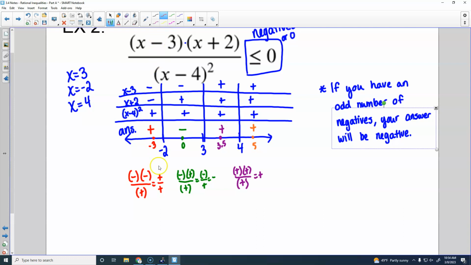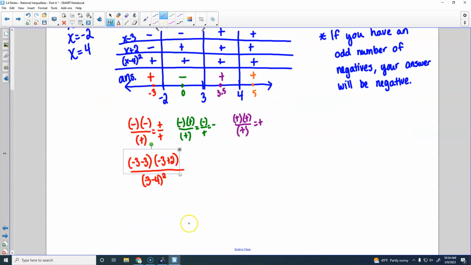then I could just pick a number, like I picked -3 right here, and I could plug it in. I could have -3 minus 3 times -3 plus 2 over -3 minus 4 squared. And I could work it out. I'll get -6 times -1 over -7 squared.